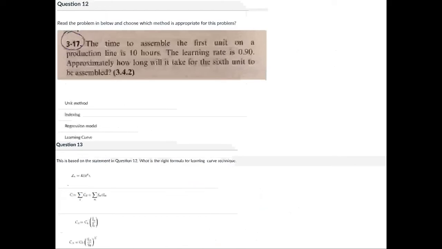And the next question: the time to assemble the first unit on the production line is 10 hours. We don't know what the product is, so it's fine. But it's making something, and the first product costs the manufacturer 10 hours.